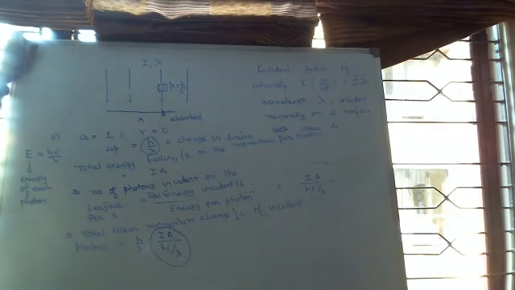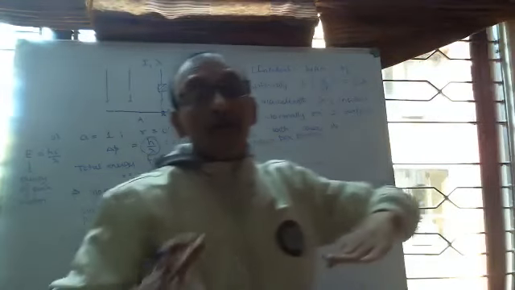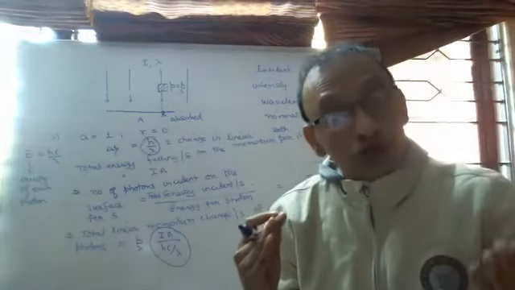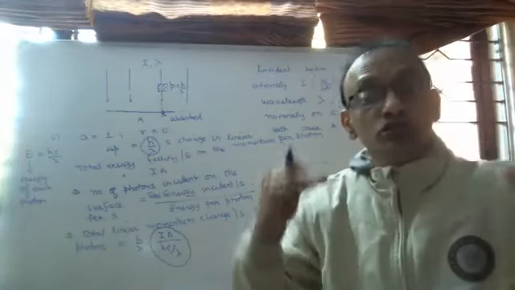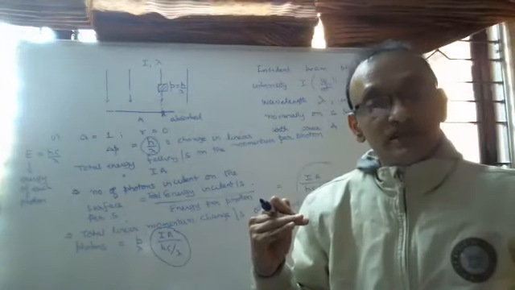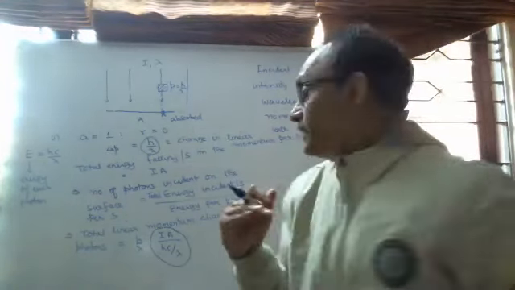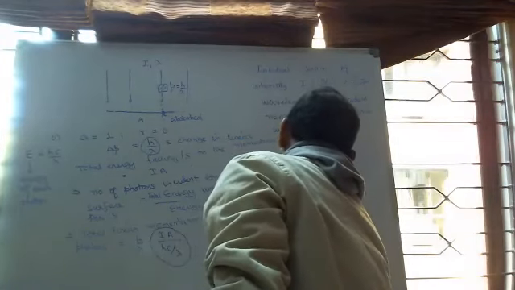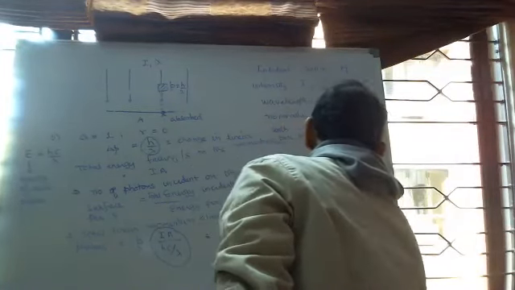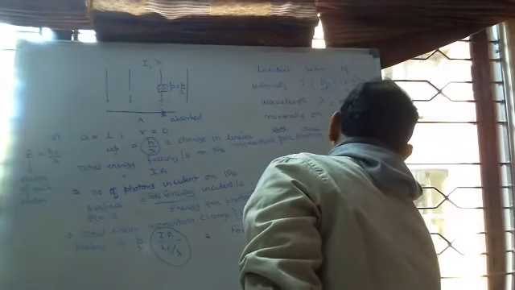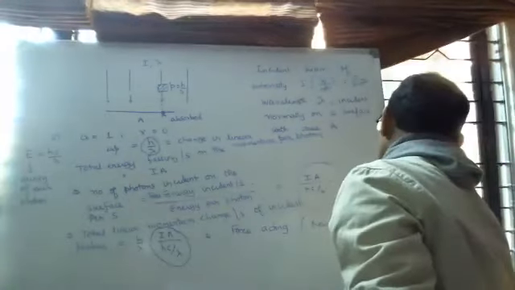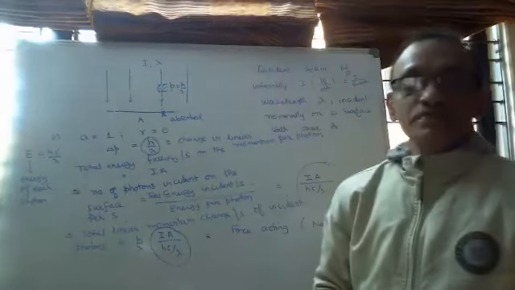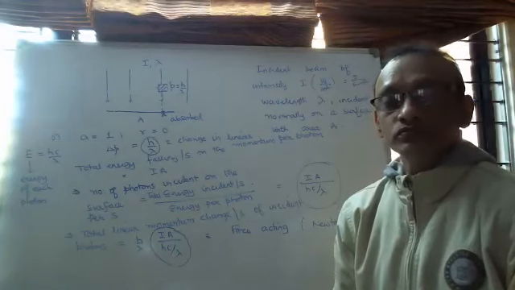And the total change in linear momentum of all photons per second is what? Force acting on the photons. From Newton's second law, force is change in linear momentum per second.